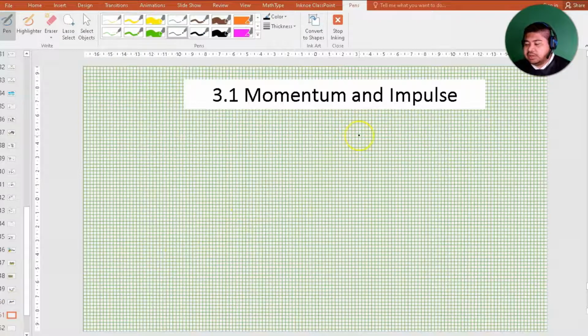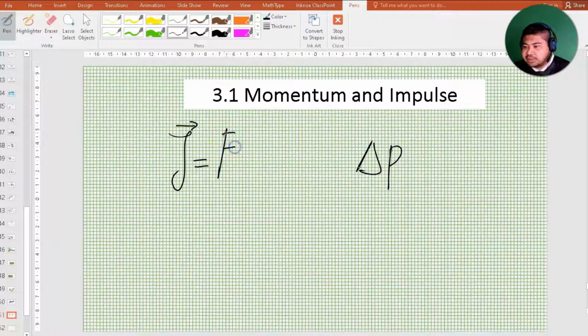In the previous slide, I showed you how we can calculate the change in momentum of the object, delta P. Now I'm going to introduce another quantity, impulse, J. Impulse is change in momentum, and we define impulse as the amount of force applied times how long the force is applied.